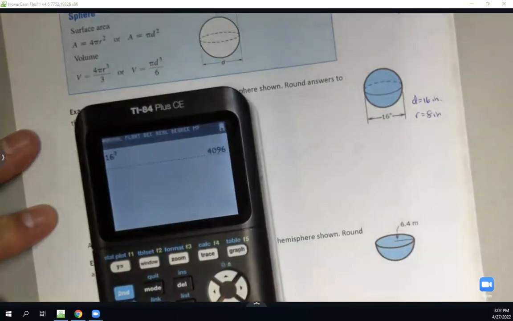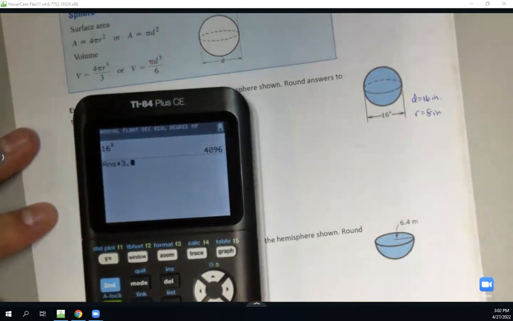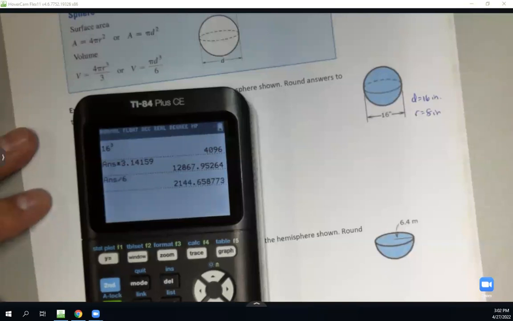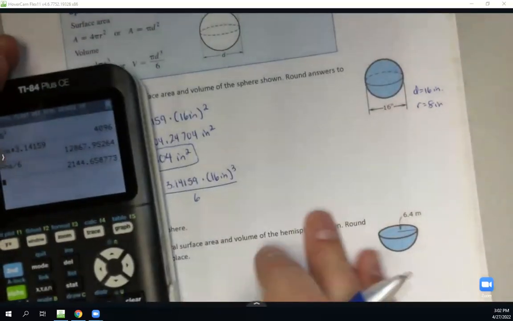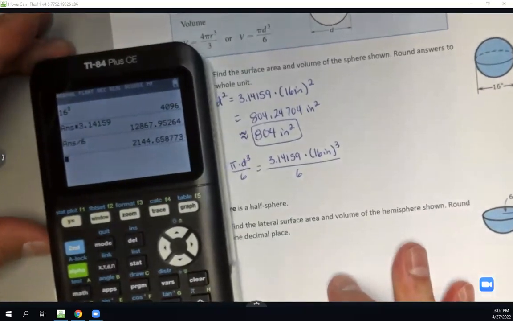16 cubed is 4,096. If I take that times 3.14159, that is 12,867.95. And if I take that and divide by 6, that is 2,144.65. You with me? So I'll scoot that over.